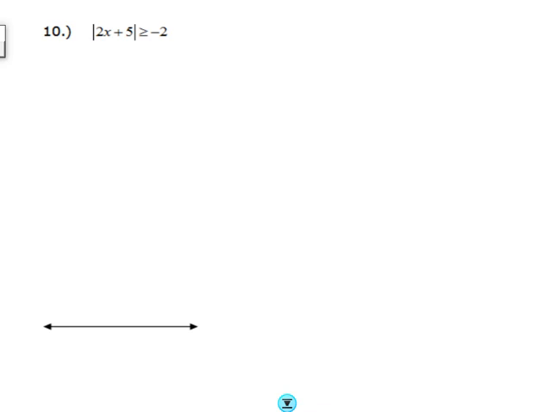All right, absolute value of 2x plus 5 is greater than or equal to -2. Greater is an or. So we're going to write the original, and then flip the inequality and change the sign.